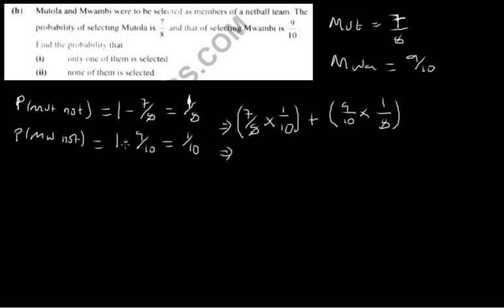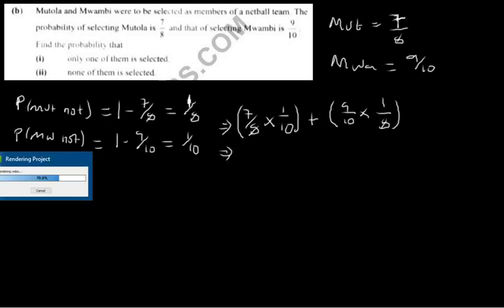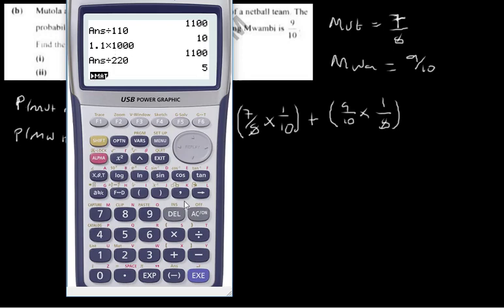And this would then give us, so we need to use our calculator. So we'll say 7 over 8. So let's just say 7 divided by 8 multiplied by 1 divided by 8.